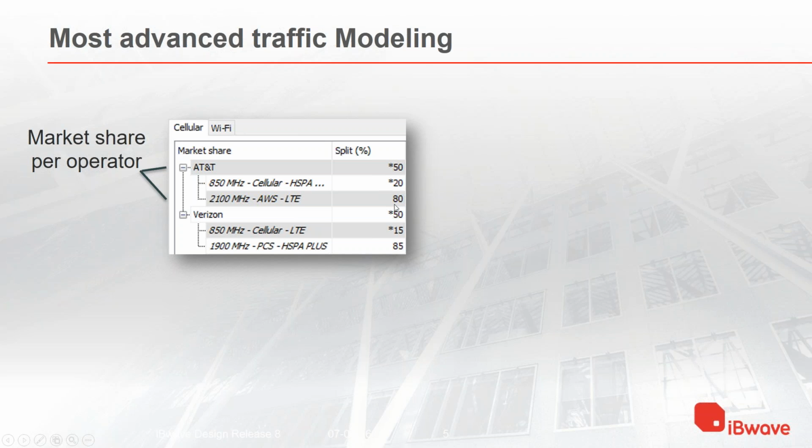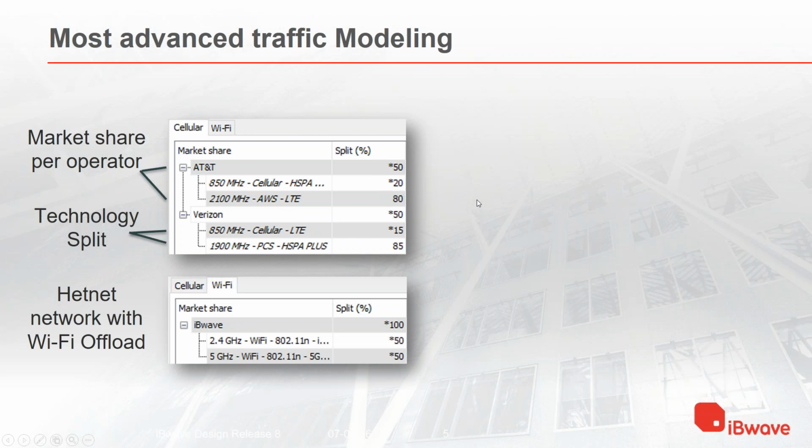So this is for cellular, and on top of that, you might have a complete HetNet design where you are also going to deploy a Wi-Fi system. In that case, you also want to define your split between 2.4 gigahertz and 5 gig. So again, you can define that.